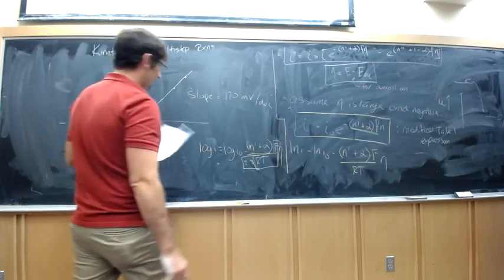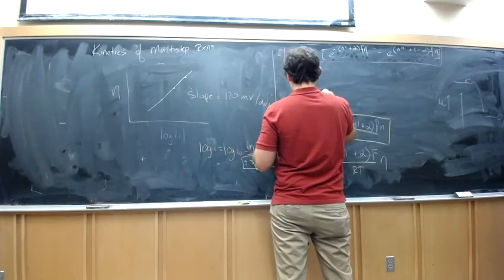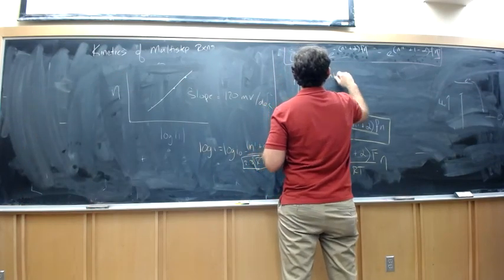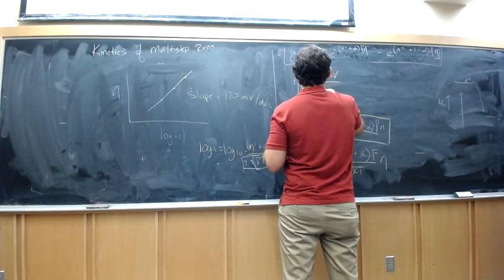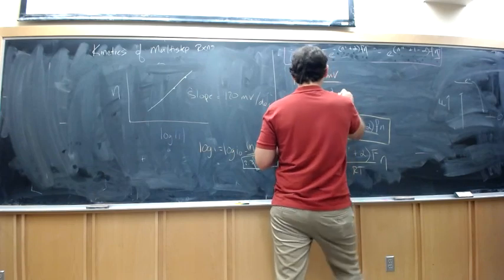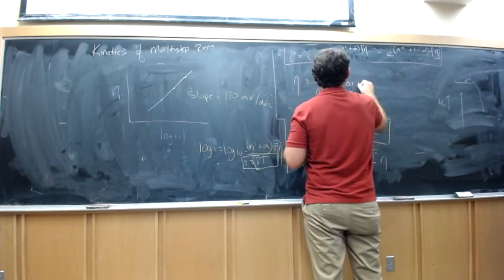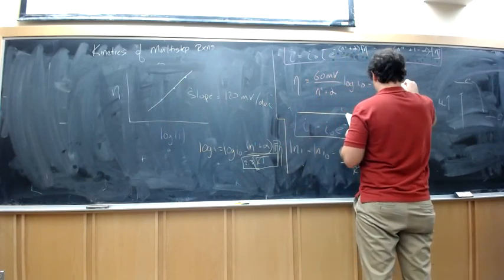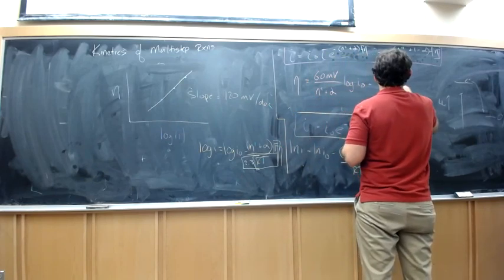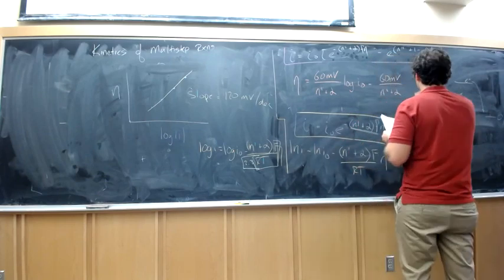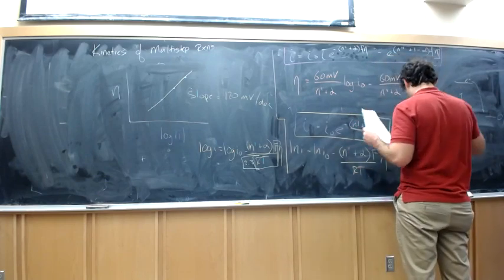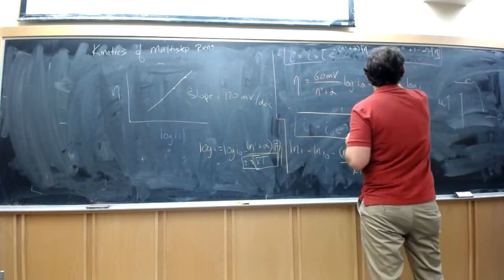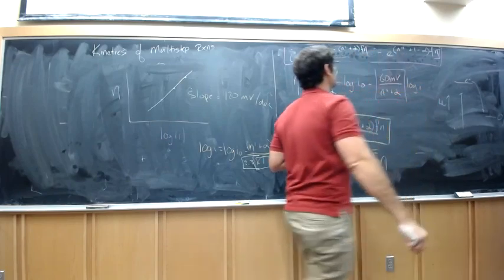Another way to say this: eta equals 60 millivolts over n prime plus alpha log I naught minus 60 millivolts over n prime plus alpha log I. Okay, now this is the Tafel slope.